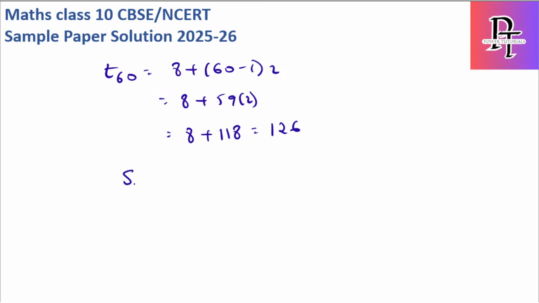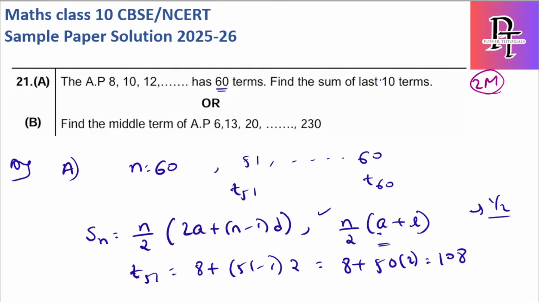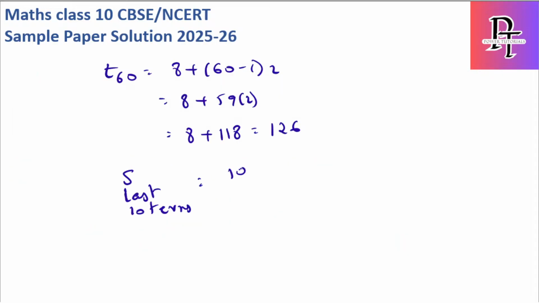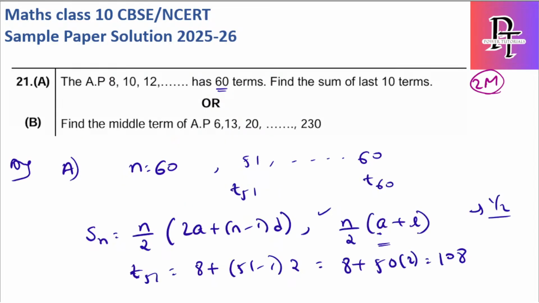So let's find Sn of the last 10 terms, which is n by 2. Here n is the number of terms, so n is 10. So 10 by 2 into a plus l. Here the first term is the 51st term, because we need to find the sum of the terms of this series.